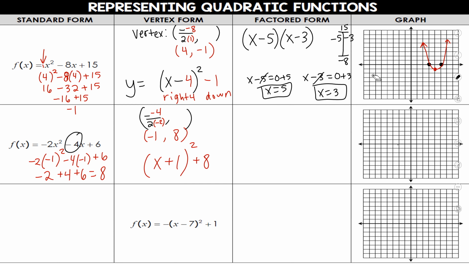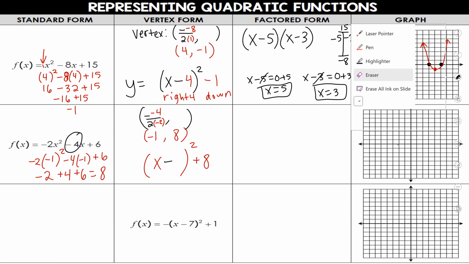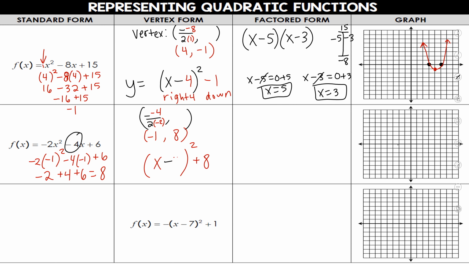So you're going to have a +1 in there. But remember, guys, the formula is minus h. And I'm replacing the h with a -1. That's why it becomes a +1 in there. So that's why we just have a big old plus sign. Okay? And then what was my a value? -2. Okay, so this is our answer. That is the answer in vertex form.